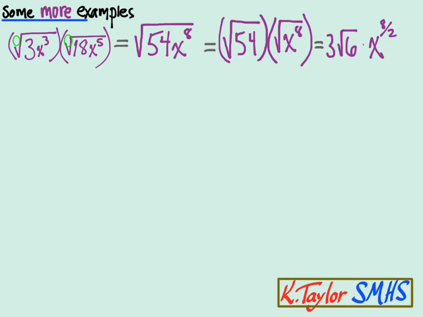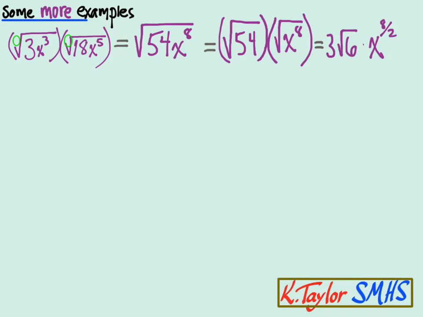I can write those in a little bit different form. Now I'm not saying that this is something that has to be done every single time, but it's a good habit to be in, and it's an excellent skill to be able to translate from one form to another. The most simplified form is usually the most preferred. So 3 root 6, that's the same thing as the square root of 54.